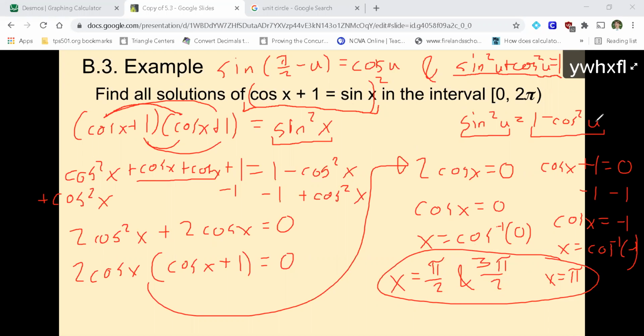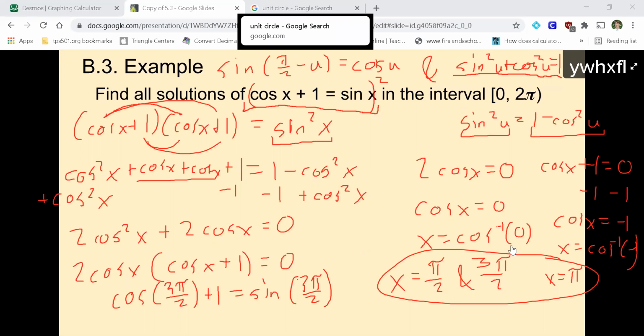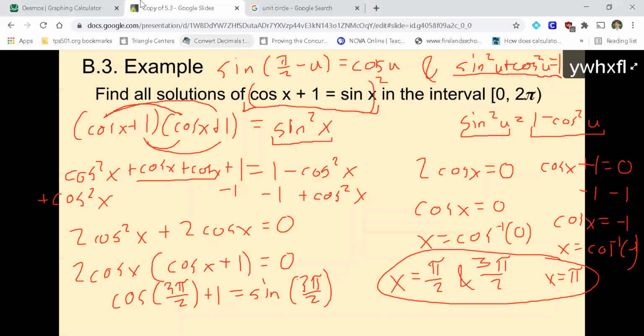If we plug 3 pi over 2 back into our problem, you will see that cosine of 3 pi over 2 on the unit circle is 0.